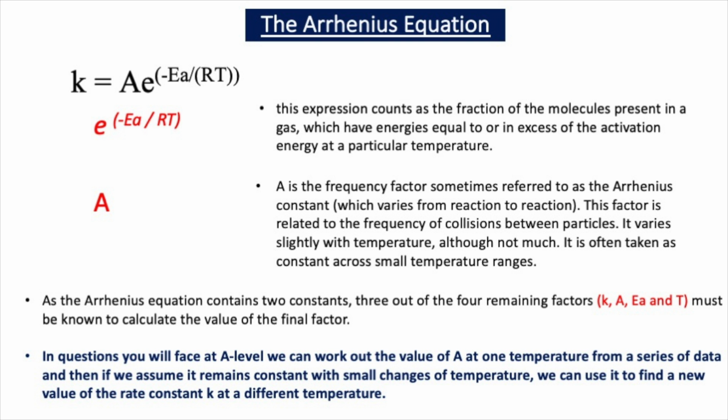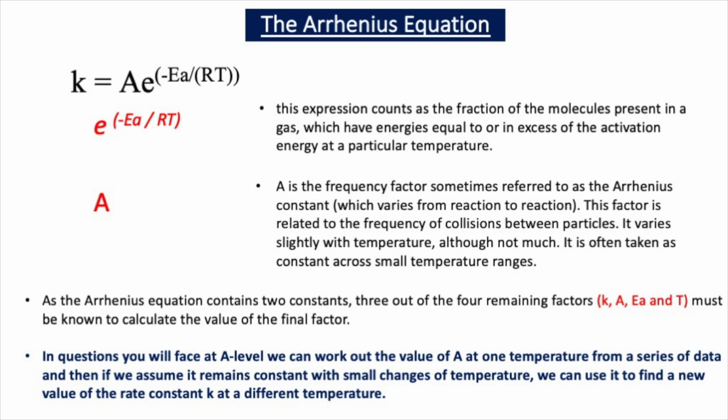Now it's also useful for you to have an understanding of what this equation represents in terms of collision theory. Collision theory tells us that reactions happen when particles collide with the right amount of energy, called the activation energy. Now the equation K is equal to A e to the minus EA over RT represents different aspects of collision theory.